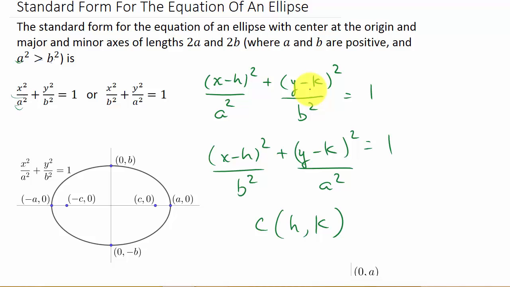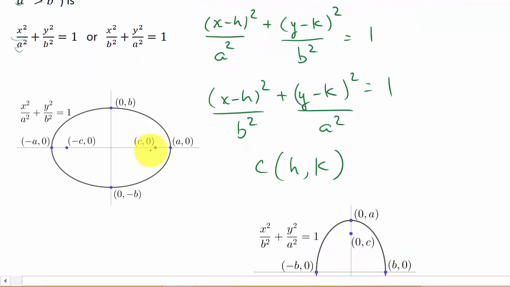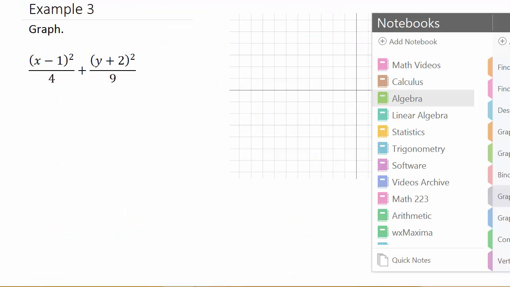Okay, now this point here and this point here is not going to be what a is, and I'll explain that more when we work the problem. But then also the foci, well, the formula to find that is c squared is equal to a squared minus b squared. That's how we can find the foci.